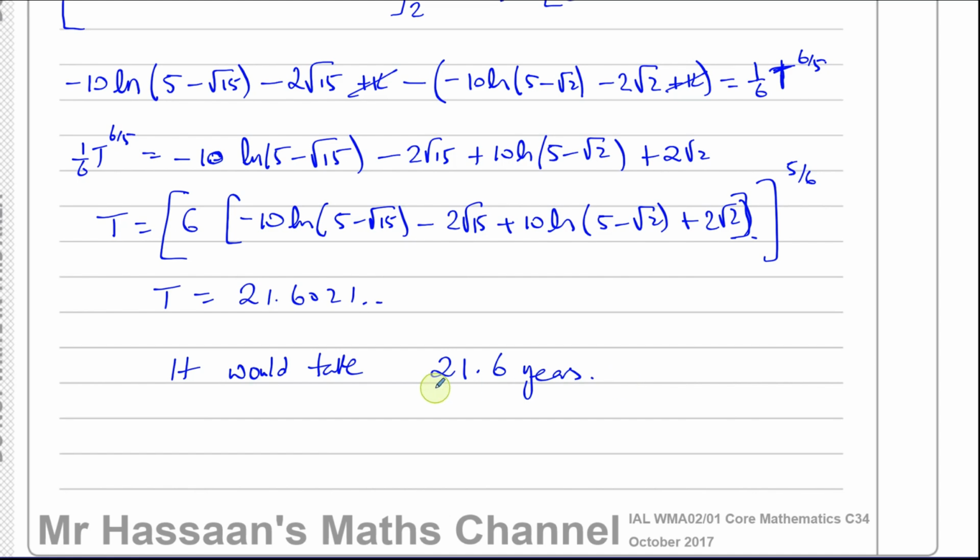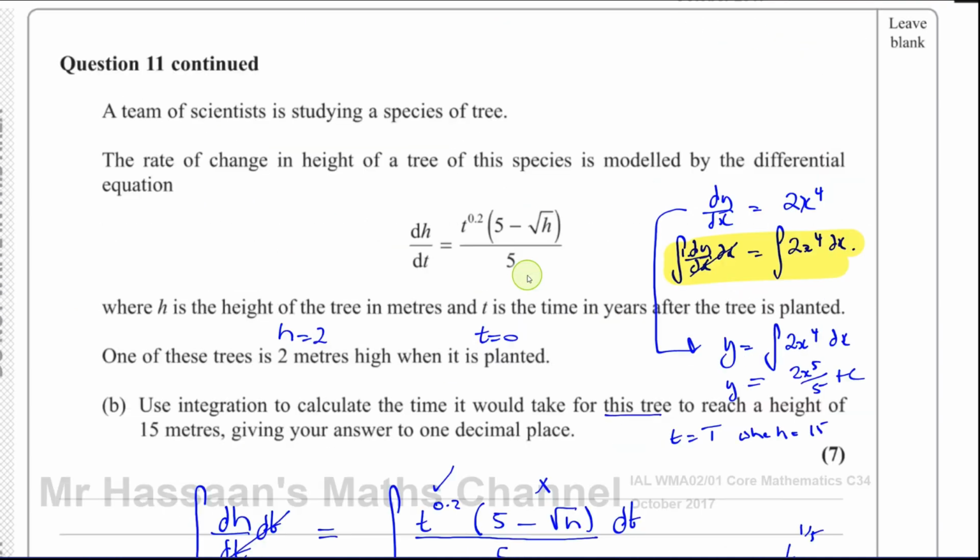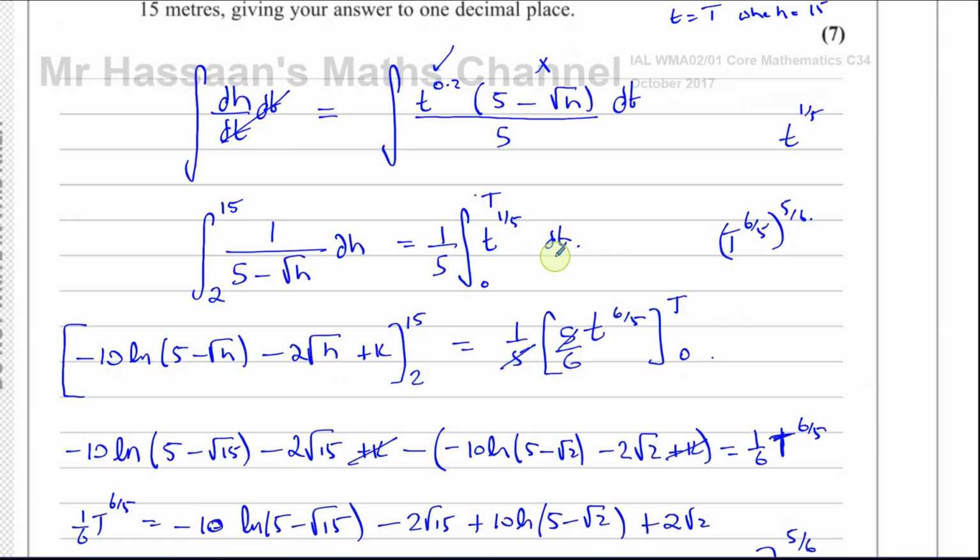Did I say seconds a minute ago? No, it won't be seconds. So it would take 21.6 years to reach a height of 15 meters. So there's the answer to part B of this question.